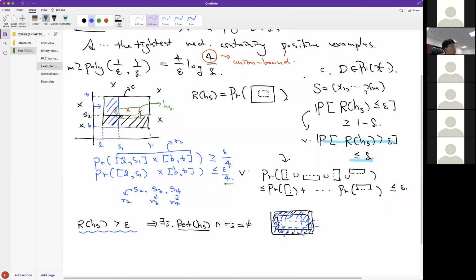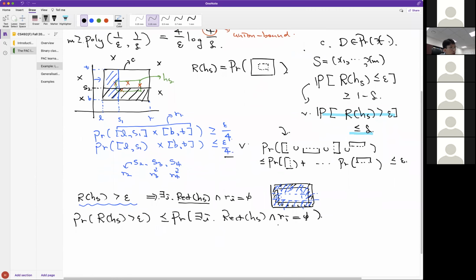And so what this means is, to compute the probability, this probability is bounded by the probability of the rectangle of HS intersection Ri being empty for some i. It's sufficient to bound the quantity on the right hand side, and the right hand side can be bounded quite easily.